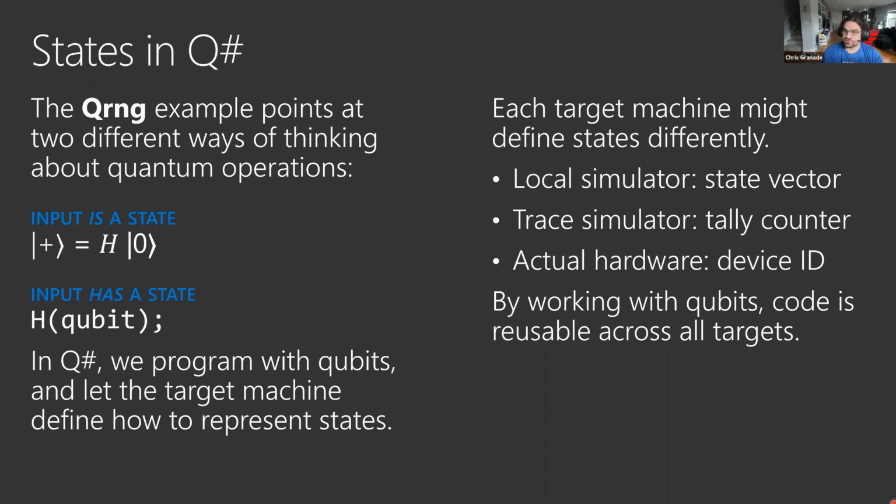If I run things on a trace simulator or resources estimator, a qubit might just be a tally count of how many gates I've applied to it. On actual hardware, it might be an ID to somewhere on the device that I can use in pulse controls and things like that. But because I'm working with something that's an opaque qubit, my program works across all of these different ideas as to what a qubit is transparently.